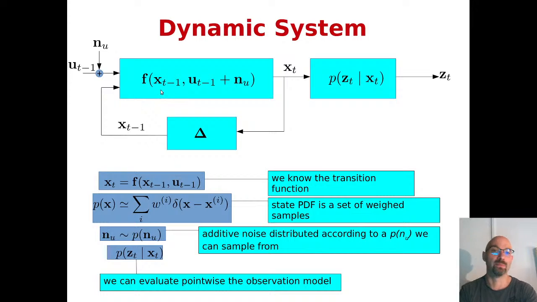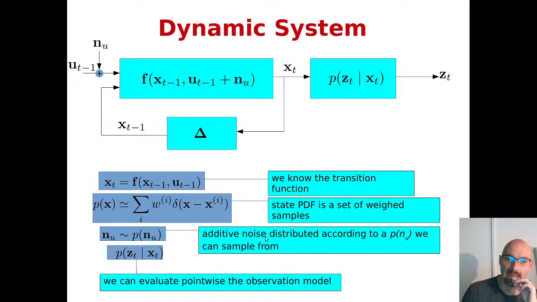I mean, this could also be replaced by the transition model p of xt given xt minus 1 and ut minus 1. But yeah, it's the usual model that we have. We assume to know the transition function. We assume to know the noise distribution. And we have our belief represented as a set of weighted samples.